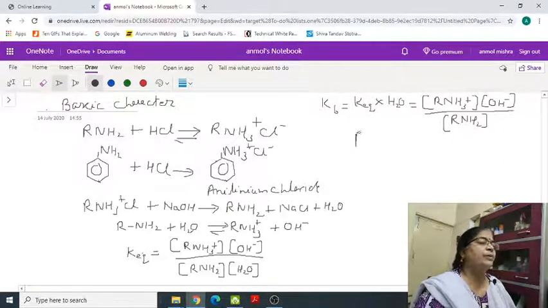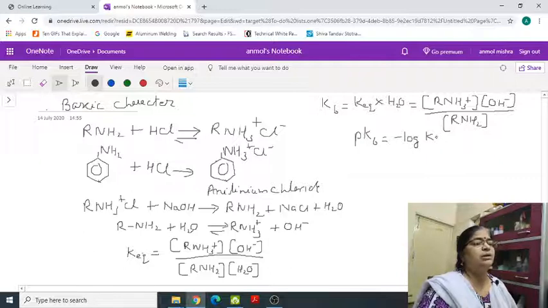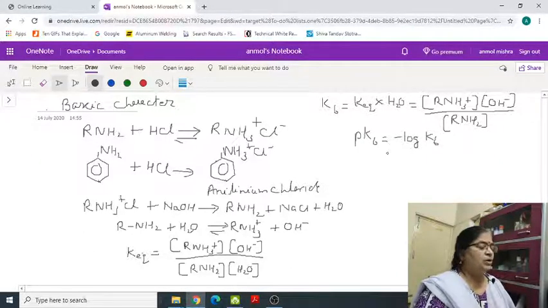Now, pKb is equal to minus log Kb. Larger the value of Kb or smaller the value of pKb, stronger is the base.